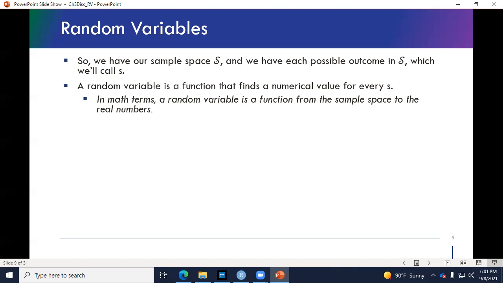So it's more like a mapping. A random variable would map your sample space to a numerical value. In math terms, a random variable is a function from the sample space to real numbers. That's what I mean by a mapping.